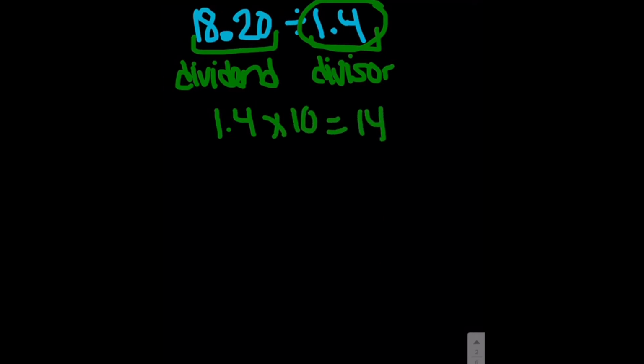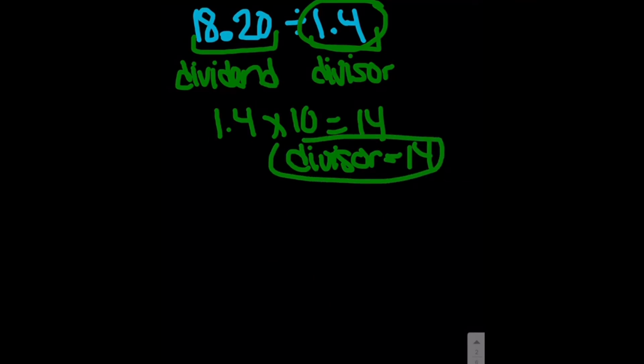That would give us 14. So now our new divisor is 14. Now, whatever you do to the divisor, you have to do to the dividend, or else you're going to get that unequal balance, right? Whatever you do to the divisor, you have to do to the dividend to remain equal. So 18.20.